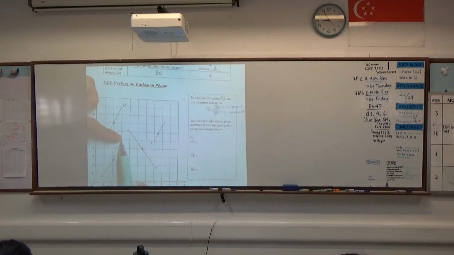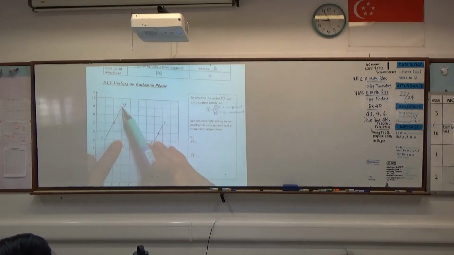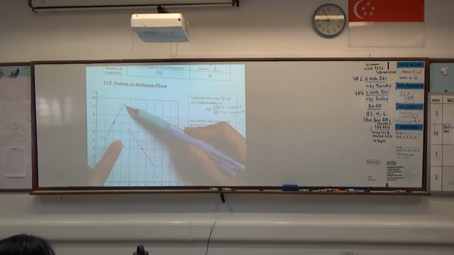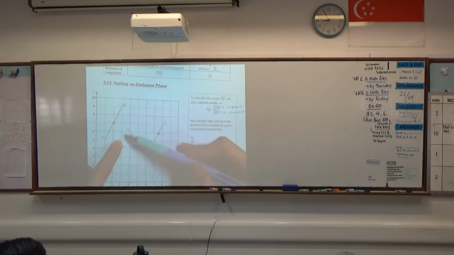So there are 2 squares up to Q. Then going up, we go 1, 2, 3, 4, and going upwards is the positive y direction. So that's how we got the 4.